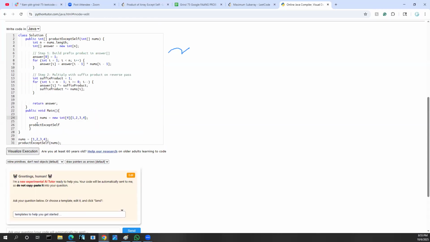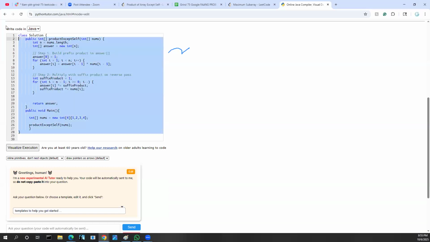And product of self, we can call this and pass nums in there. And now click on visualize.